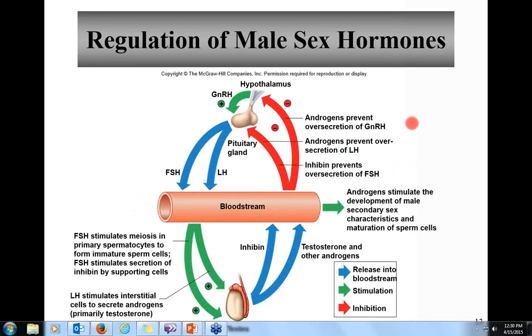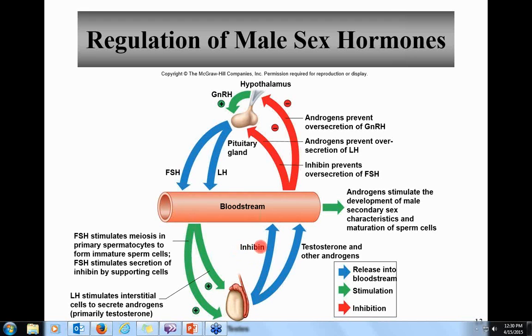And here we have our friend, the negative feedback loop. So again, the hypothalamus controls the release of the anterior pituitary gland via gonadotropin releasing hormone. The anterior pituitary gland secretes FSH and LH into the bloodstream. They travel through the bloodstream to cause the testes to release testosterone and other androgens.